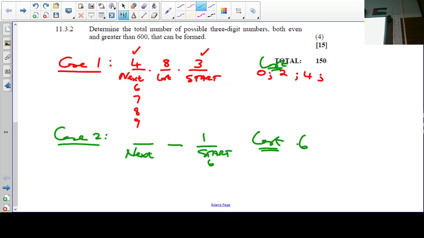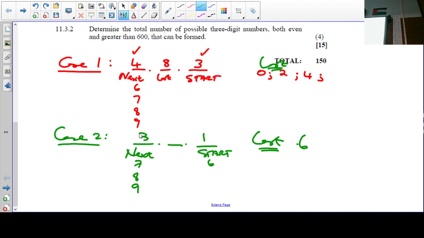The first number could be 7, 8, or 9. Why don't I put 6 here? Because I'm accounting for 6 in the last place. So I have 3 options.